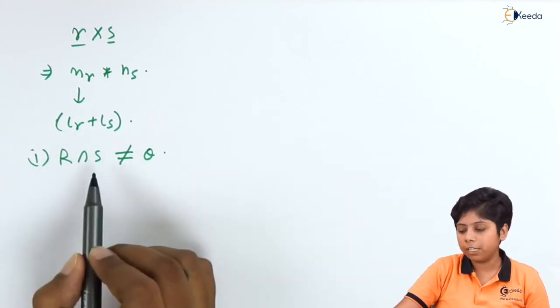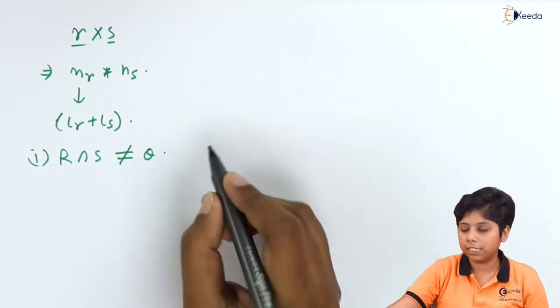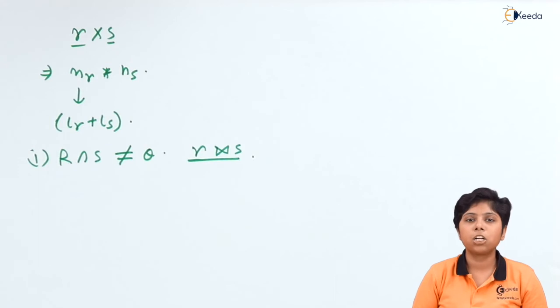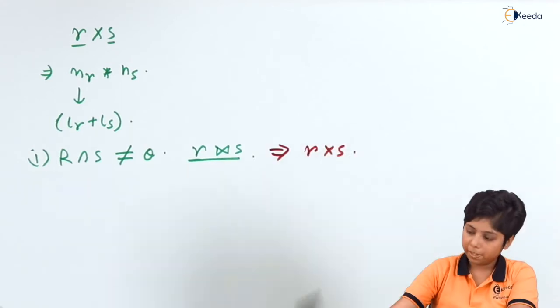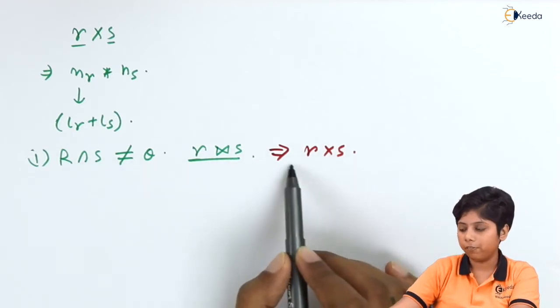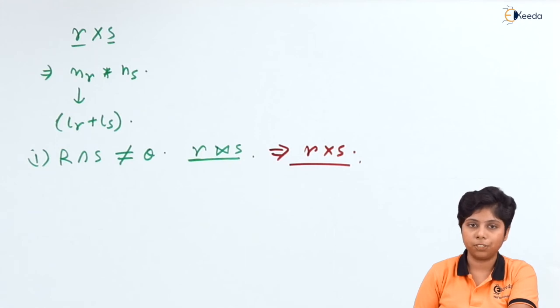Now if R intersection S is not equal to theta and we are performing R join S, that means R cross multiplied with S, or a cross product of R and S. The size of the join, if the intersection is not equal to null, will be the same as the Cartesian product of these two.